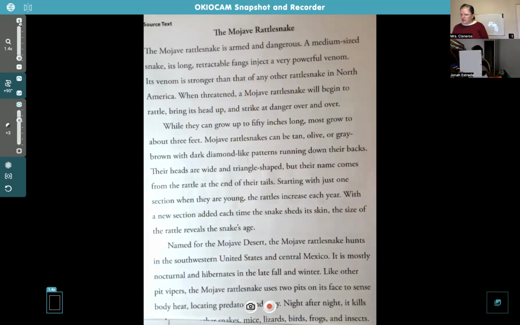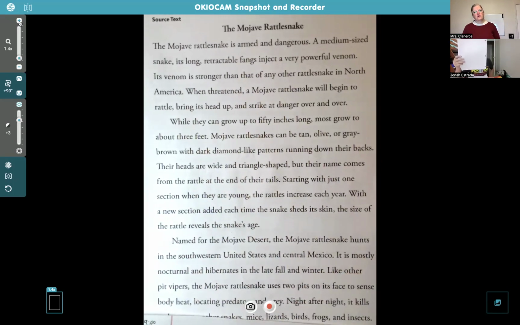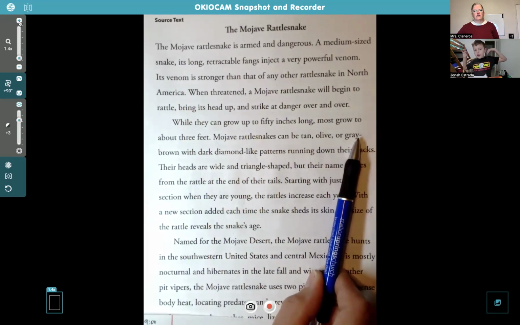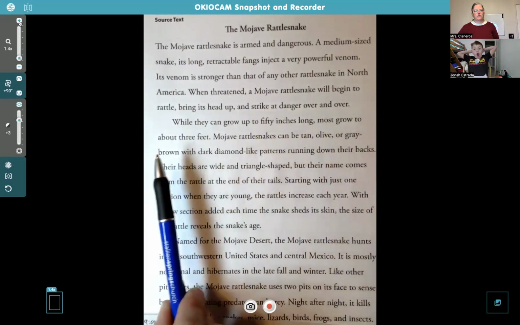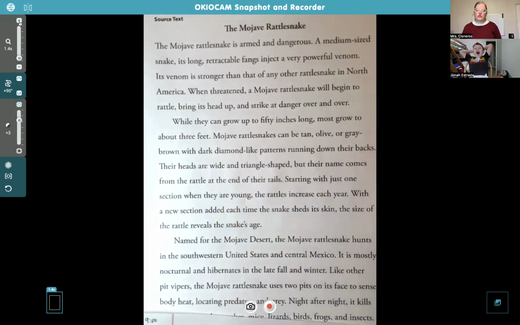My idea could be tan, olive, gray, and then we just do diamond. Oh, that's not a bad idea. Notice the word gray has a little dash next to it. Did you see that? So it's like gray dash brown, or sometimes we call that a hyphen.